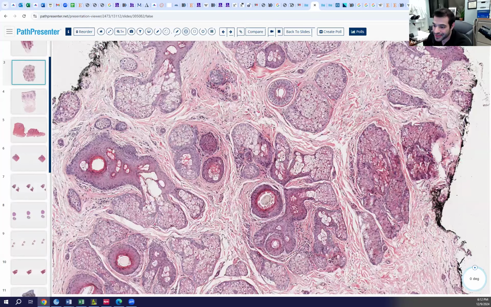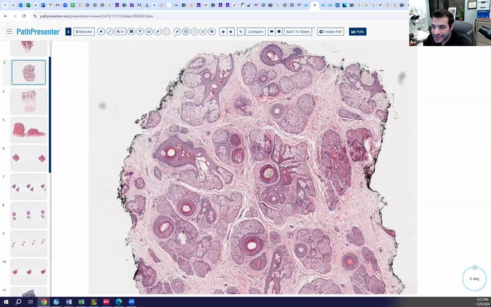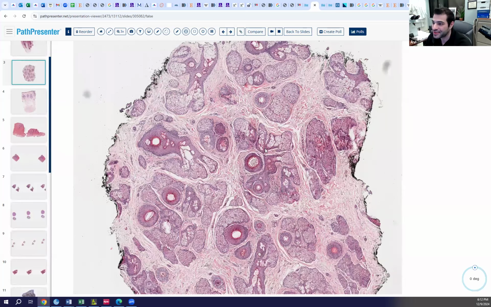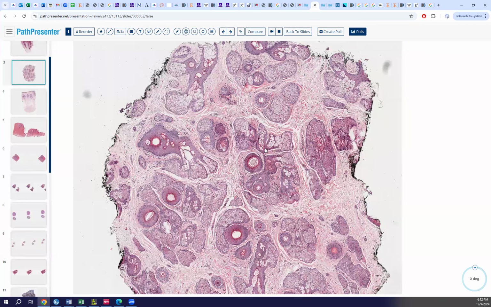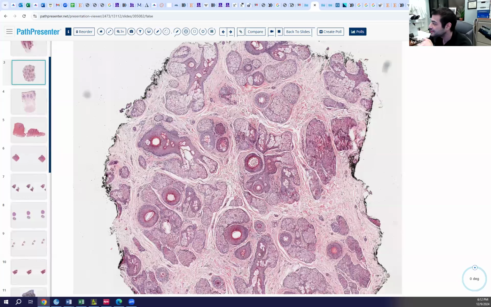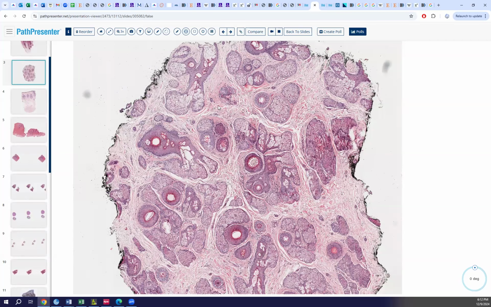Now that we have an idea of where we are, is there anything you notice about these hairs? Let's talk about hair. What are you going to look for? Hair density and thickness, the number of hairs and the size of the hairs. What else are we going to assess? Inflammation.